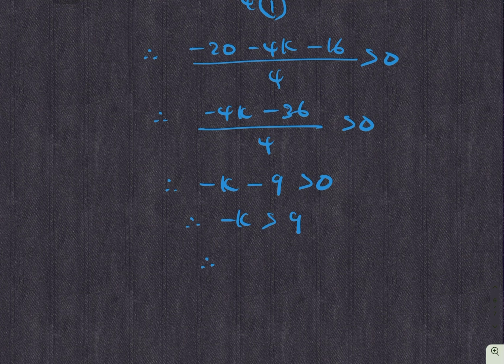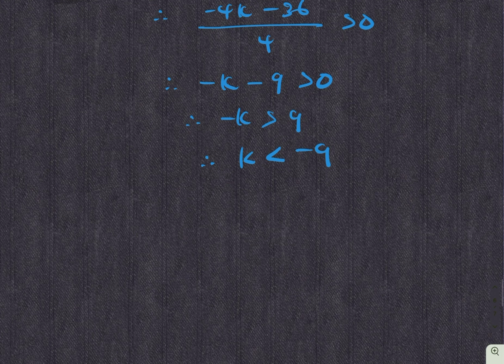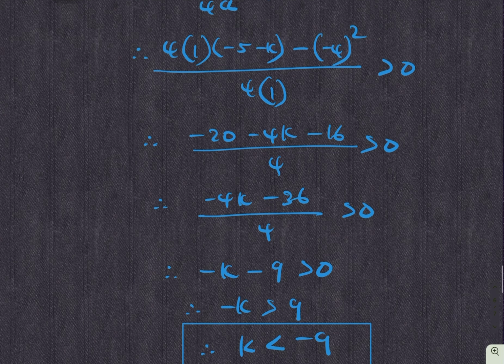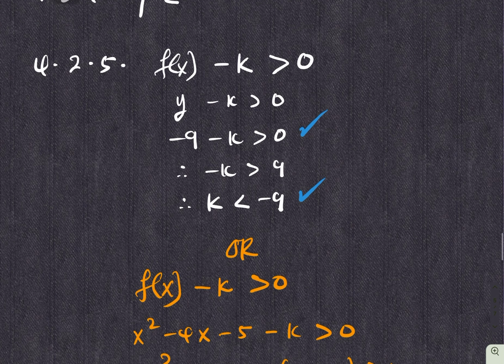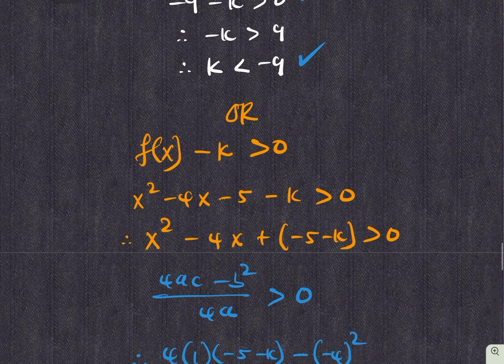You divide by negative, you get k is less than negative 9. This is the other alternative that you may have utilized in the exam room. That's how far I can go with this one. You see, I'm giving you two methods, so you can't really get it wrong here.